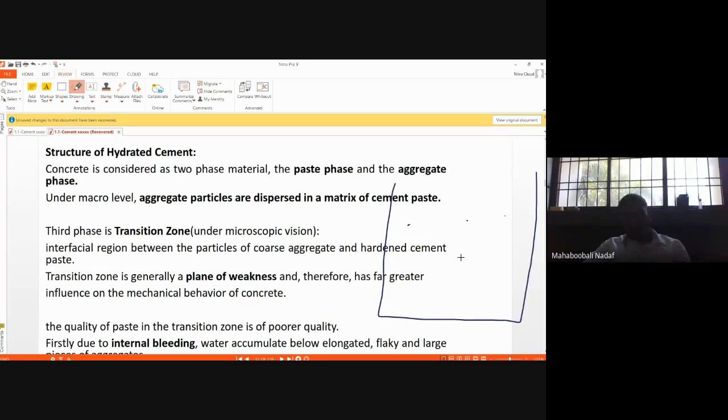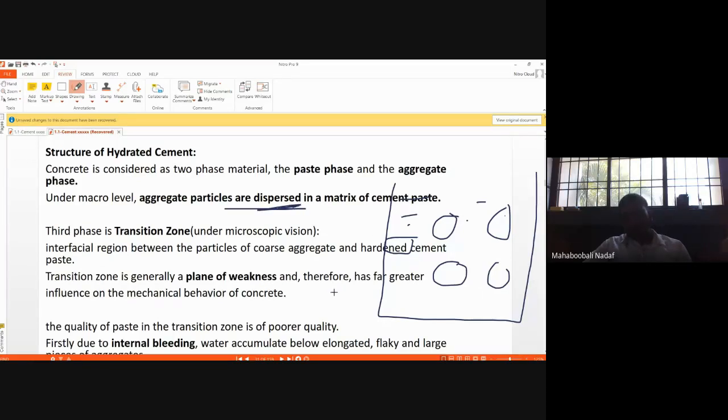How is it appearing? Big aggregates, big sand particles are dispersed in cement paste. Imagine cement plus water, and also aggregates. Aggregates are dispersed in a matrix of cement.